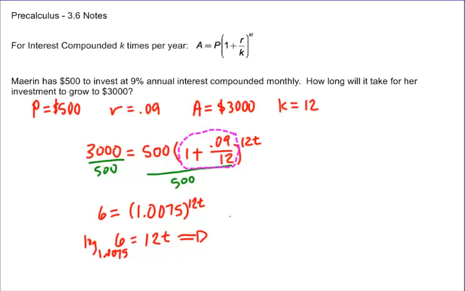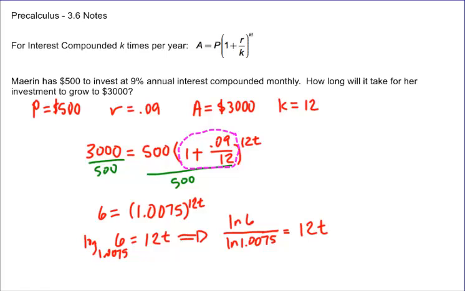So we would look at the natural log of 6 divided by the natural log of 1.0075, and that would be equal to 12t. So again, you can punch your natural logs in your calculator very easily.